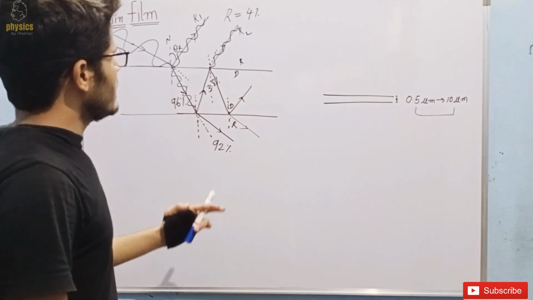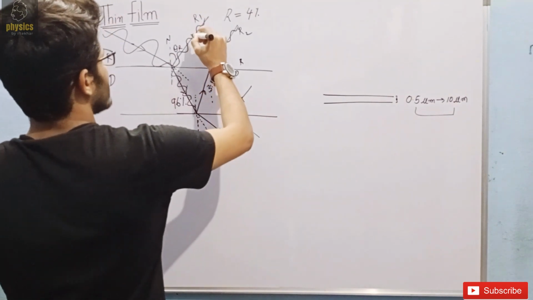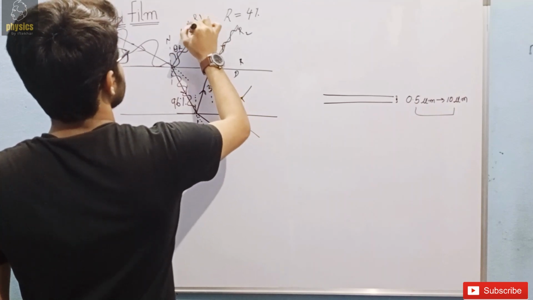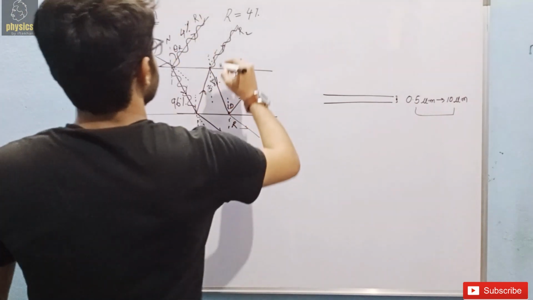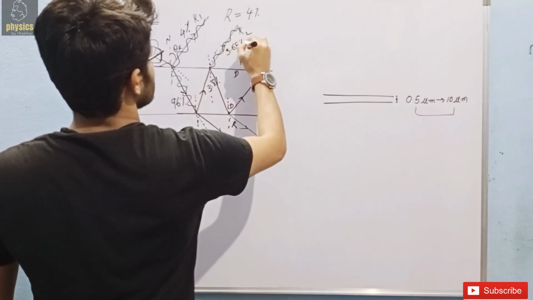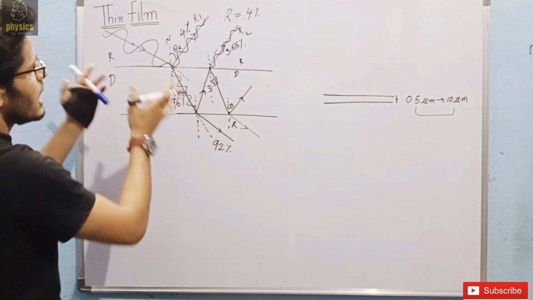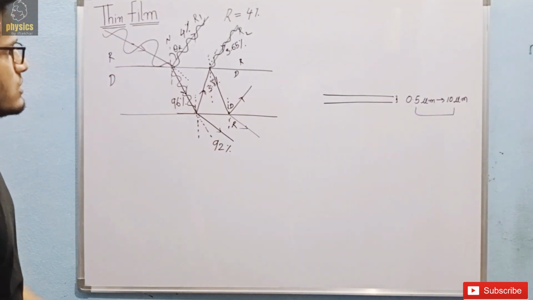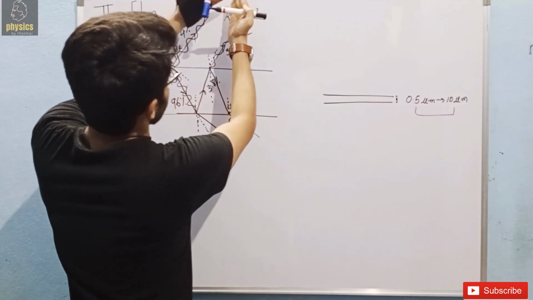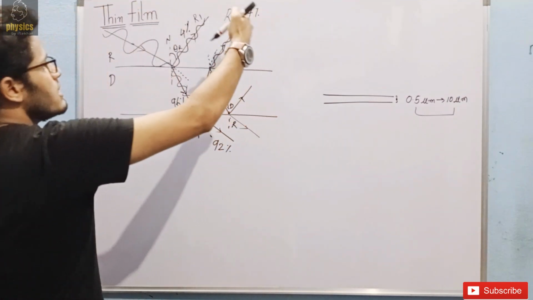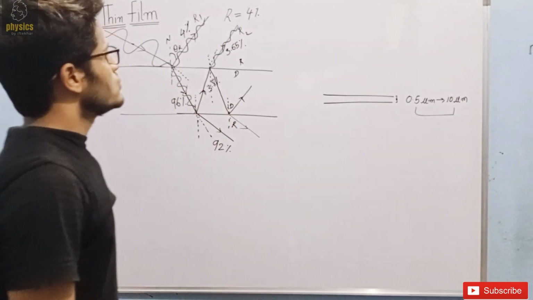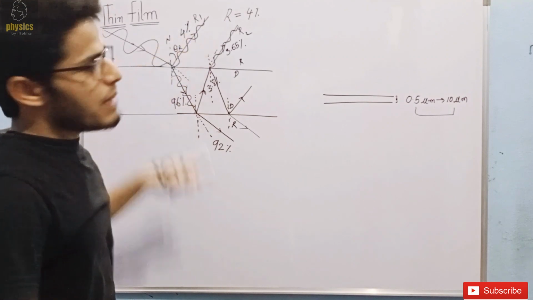Here 4% of light is getting reflected, and these light rays are 3.65%. So they almost have the same value. That's why when these two rays meet, we will see an interference pattern. But they are exactly parallel with each other.